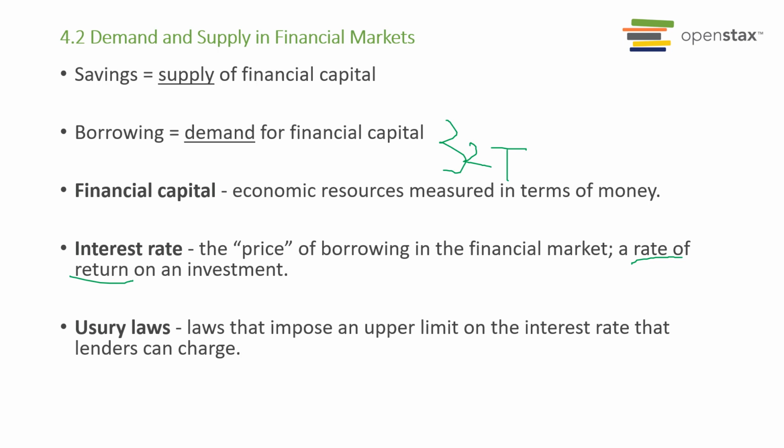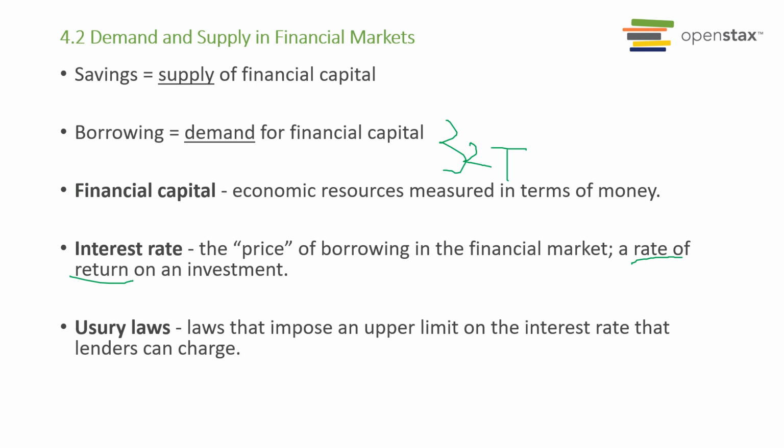But there are certain situations where the government actually steps in and puts a maximum limit on how much the interest rate can be. So for example, many states put an upper limit on how much those overnight lenders can charge. You guys probably see this all over town. Those cash check places where you can borrow money a couple days in advance, before you get your paycheck.